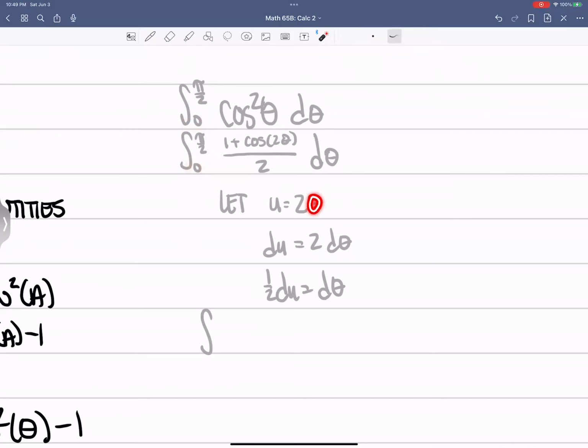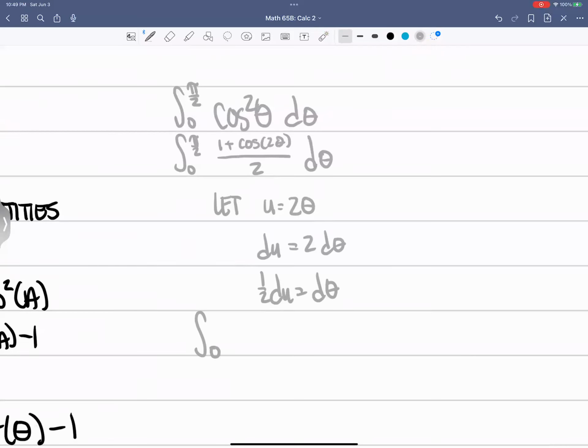When we plug 0 in here, it ends up just being 0. That's nice. When we plug pi halves in there, the 2's divide out, so this ends up just being pi. So we're integrating from 0 to pi instead of from 0 to pi halves.